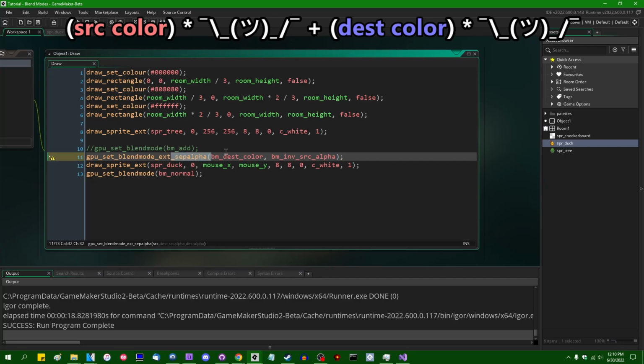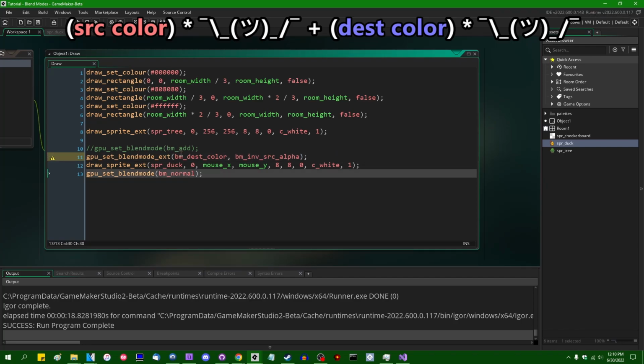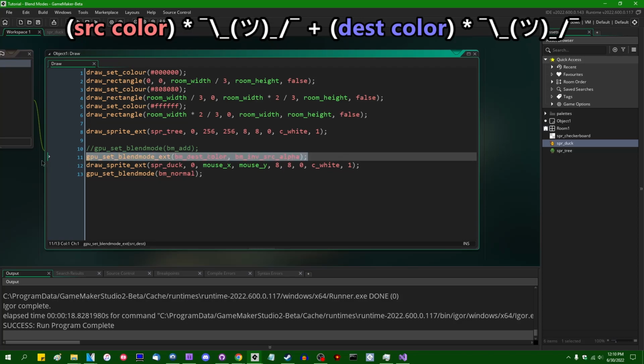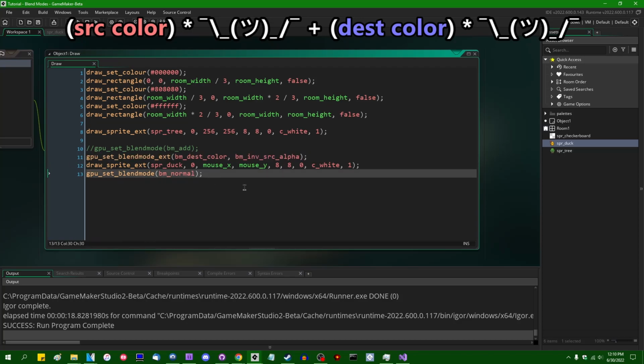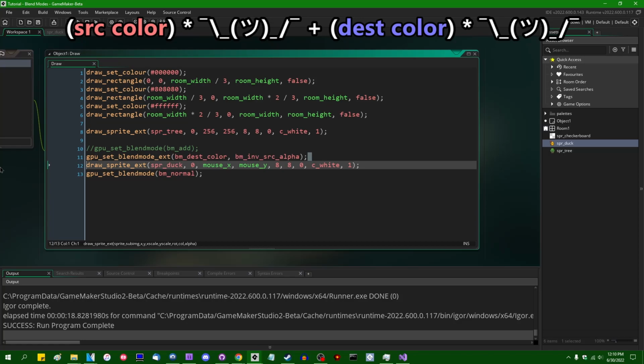Another thing of note is that you can do all of this with shaders. You can sample from 2 textures in a shader and combine the results like this. And this will allow you to do all the things you can do with GPU set blend mode extended and more. But the difference is that blending and shaders take place at different stages in the graphics pipeline, and you would have to set this up a little bit differently if you wanted to do it with the shader.